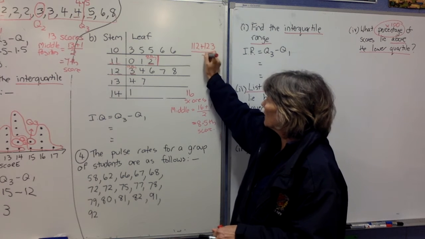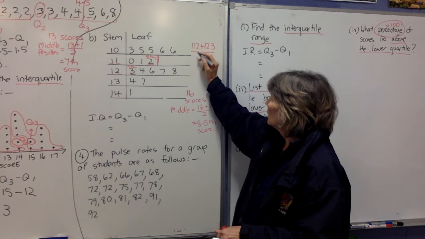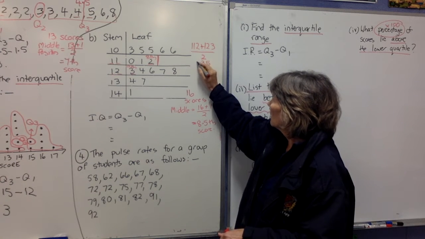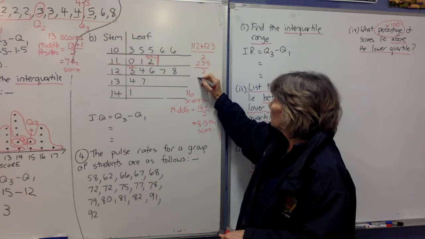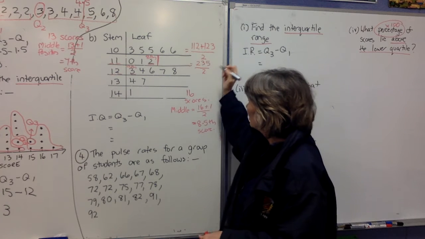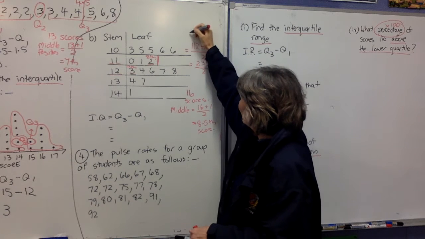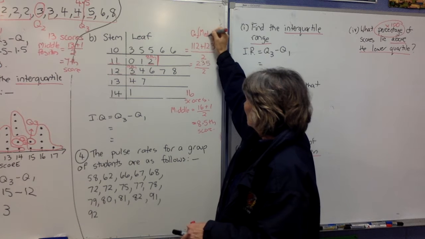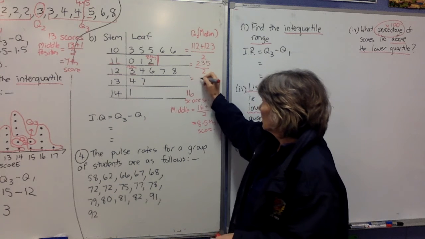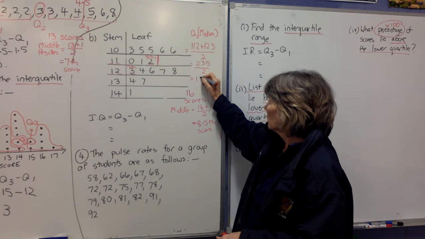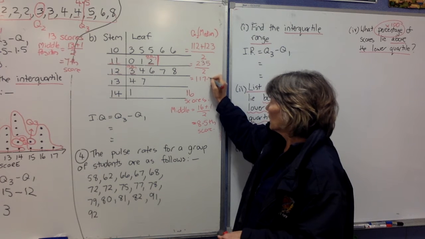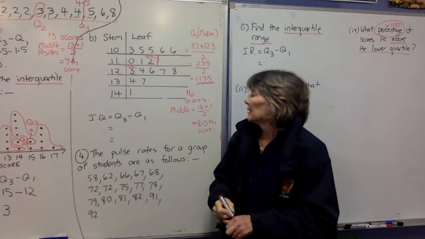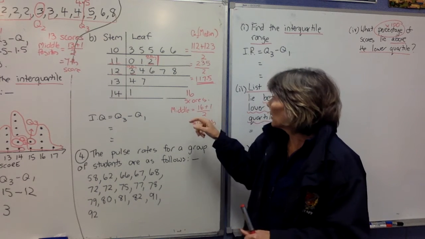So if you add them together and divide by 2, we are going to get, you can use your calculator for this, and this is to find Q2 we're looking for, or our median. You'll get 117.5 for Q2. You don't really need that, but that's how you work it out if you need it.